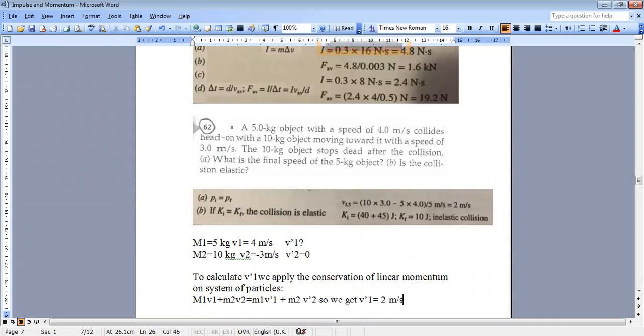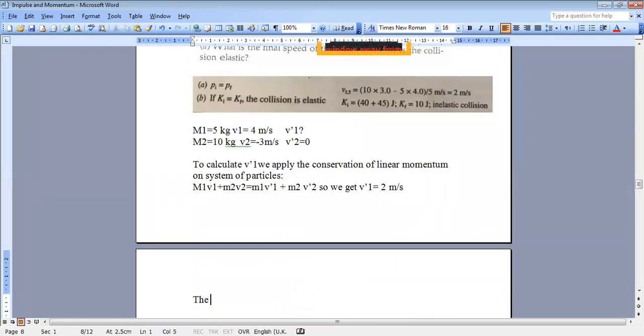Okay. Now, if we want to verify if it's an elastic collision, we should calculate kinetic energy at the initial and final state. So the condition to have an elastic collision is to have conservation of kinetic energy.